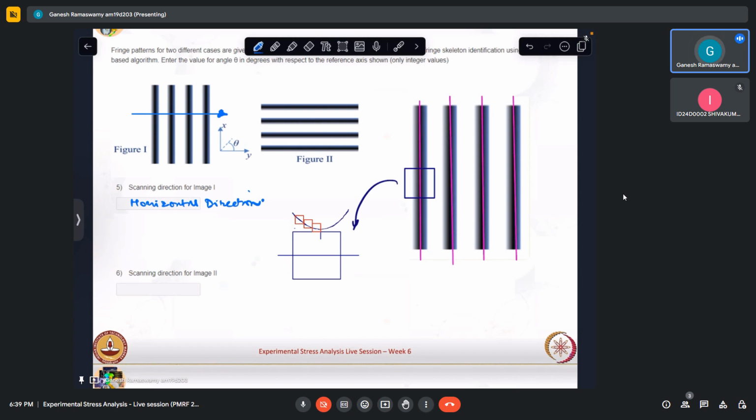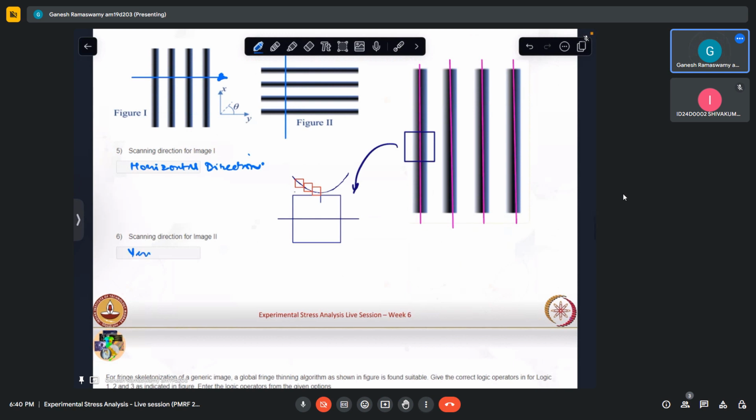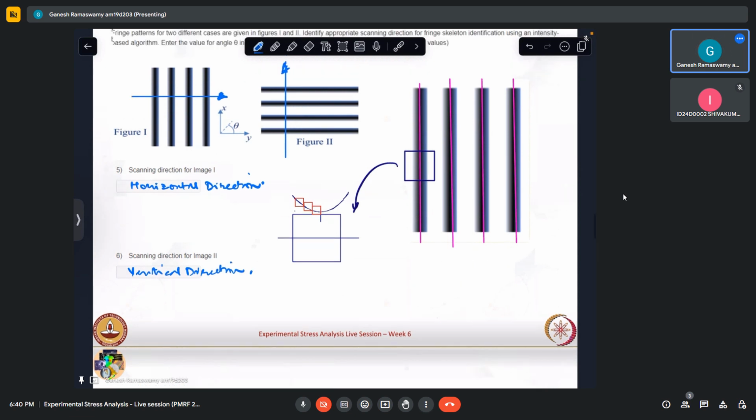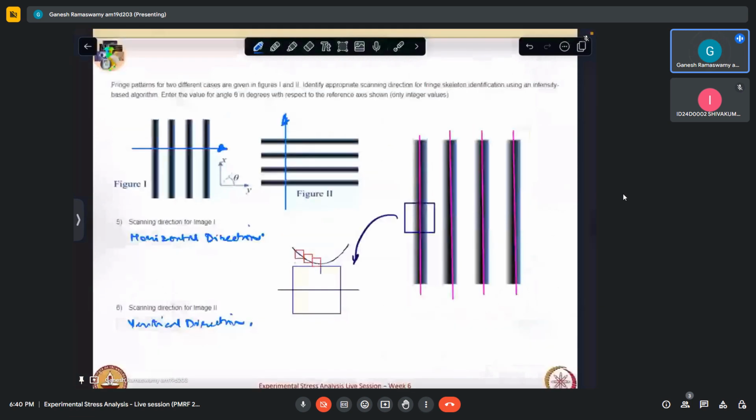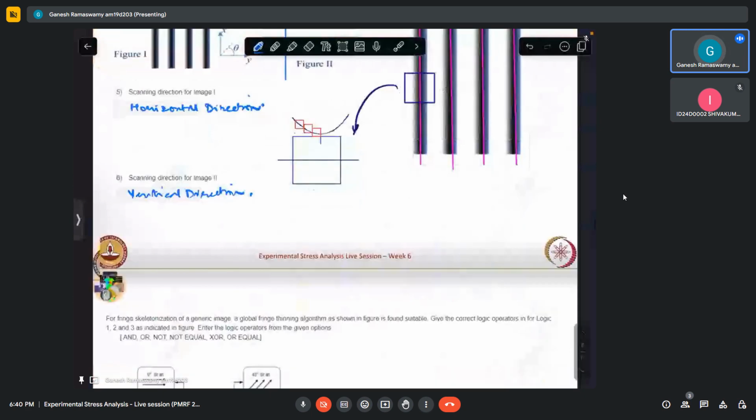Similarly, if we were to take figure 2, here we are able to see that all the fringes are horizontal. So our scanning has to be done in this direction, which is the vertical direction. So I hope this is clear. So what happens when the fringe orders are not exactly horizontal or vertical like this?